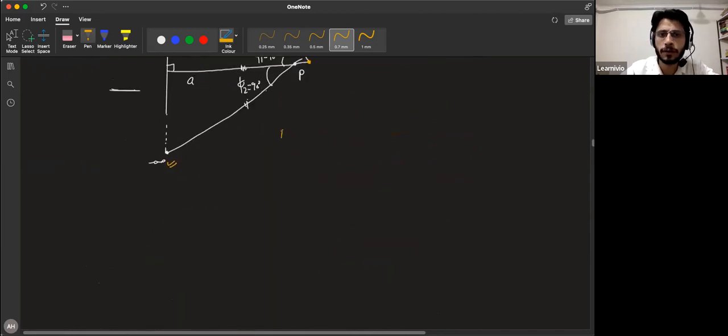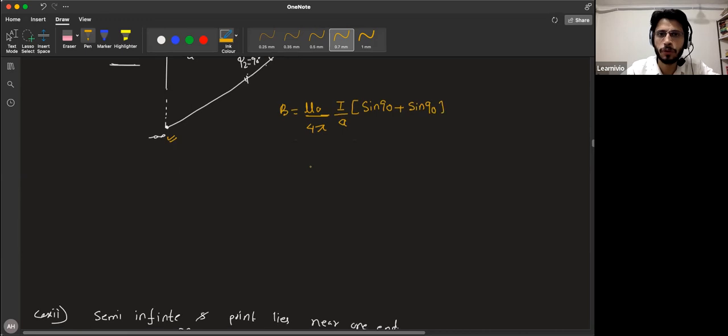When you do that, the magnetic field will become mu naught by 4 pi, I by A, sine 90 plus sine 90. Sine 90 is 1, so it will be 2.